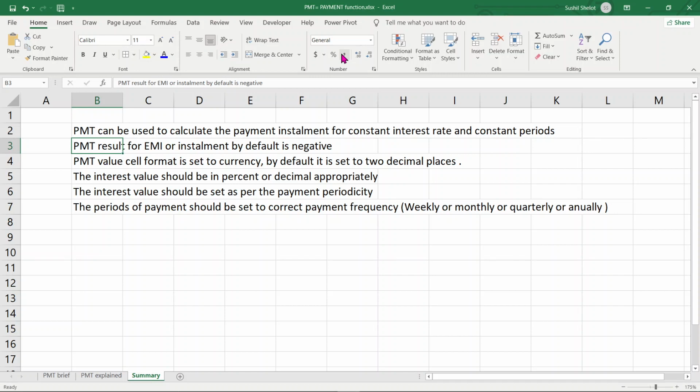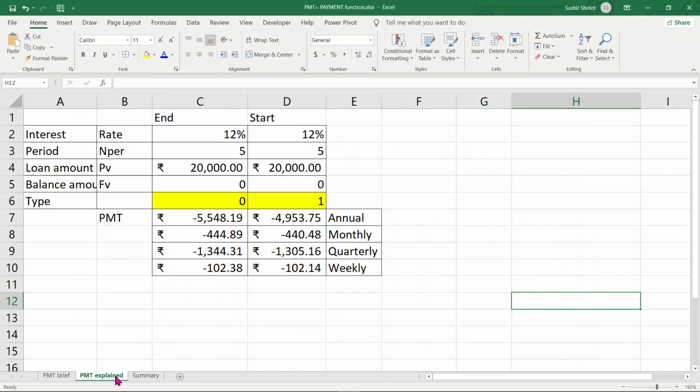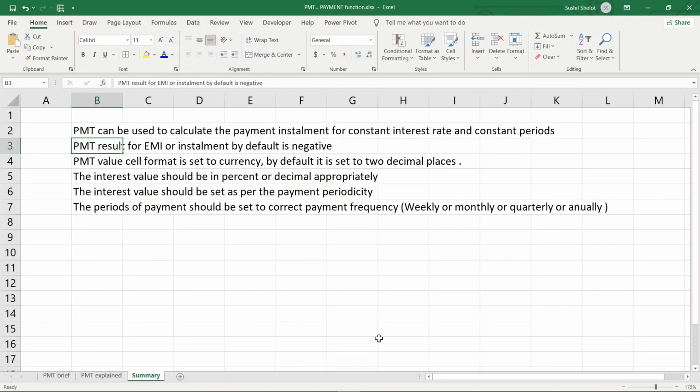The interest value should be in percent or in decimal appropriately. So we have seen all the three cases. We have chosen it as a percentage value. The next thing we did was we chose it as decimal value, and third thing what we did, we chose the value as percentage or decimal mentioned in a cell. So we chose the cell. In our case, we chose the cell C2. Fine.